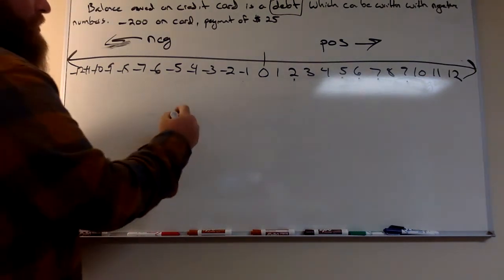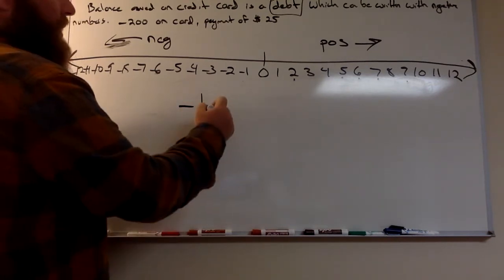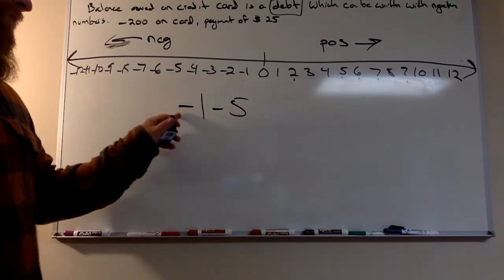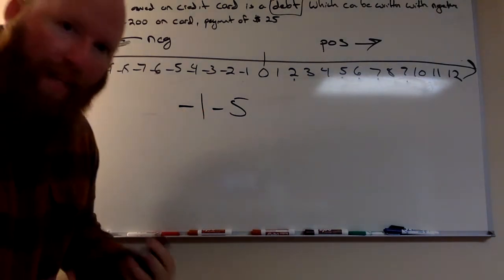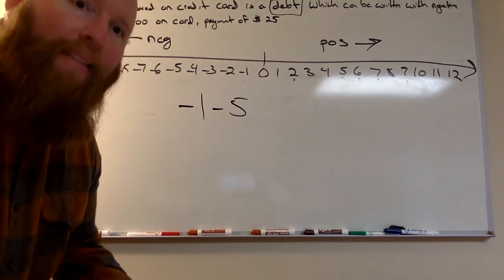So again, if I took a negative 1 and I'm minusing a 5, okay, I know that I have two operations. They are both negative. If both operations are negative, it means you're going to the left. It's negative.